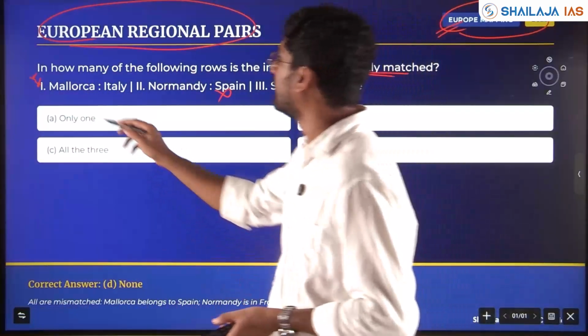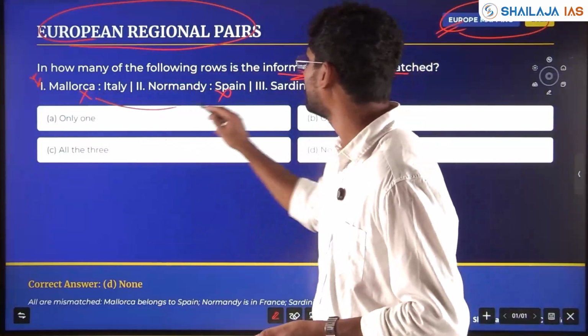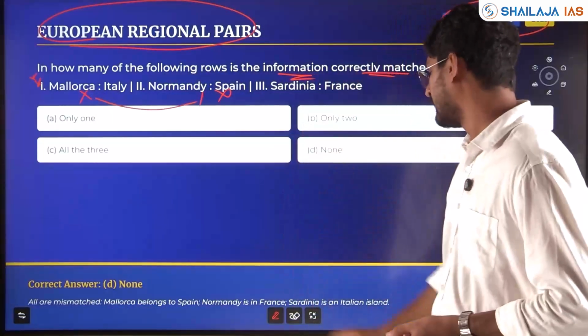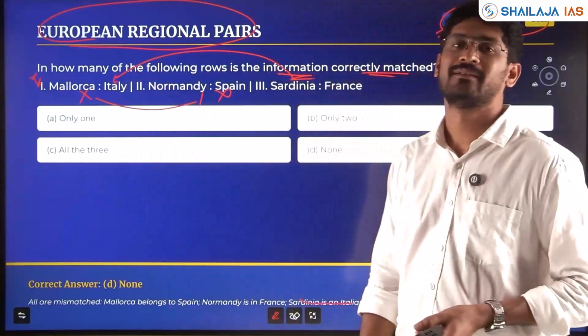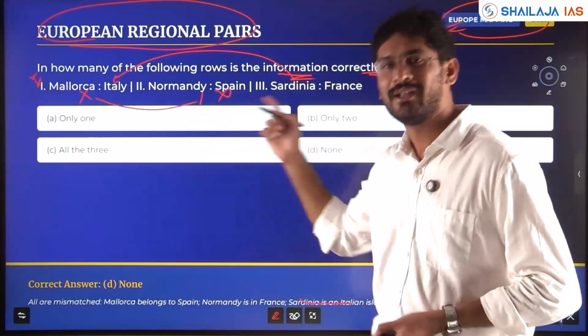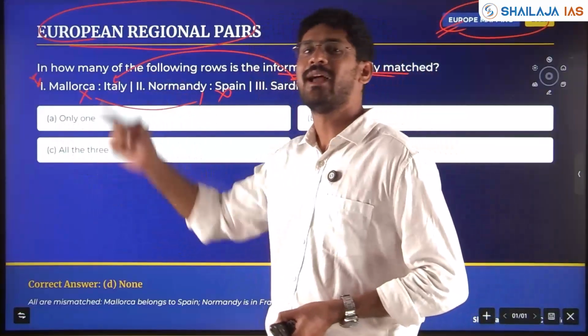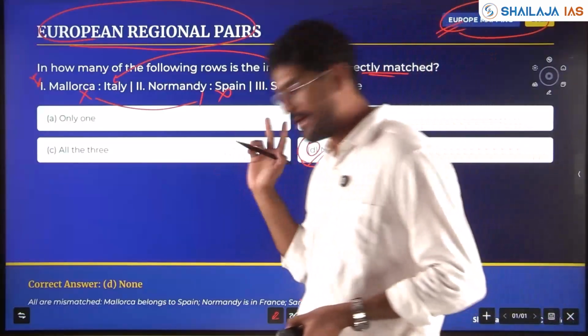Mallorca is not Italy. Mallorca belongs to Spain. Yes, swapped. Sardinia is not France. Sardinia is Italy. Yes, swapped. So if you know one is wrong, see what the UPSC examiner is doing here: he is making sure all three are mismatched. If none of the options is right, the answer is none of the above. Two questions are none of the above.